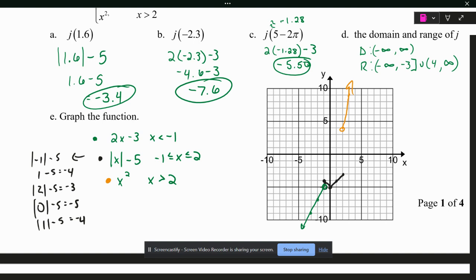You can make a T-chart if you want. Make a T-chart and then you can make it maybe 0, 1, 2, 3, and then you'll see what it says. And similar thing here: make an XY chart and put in -1, put in 0.